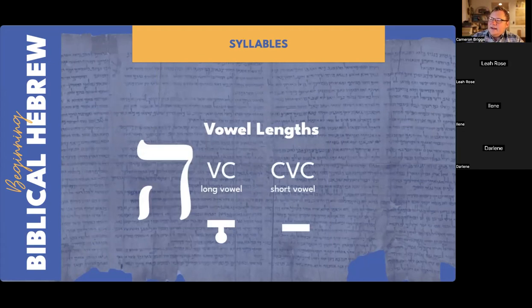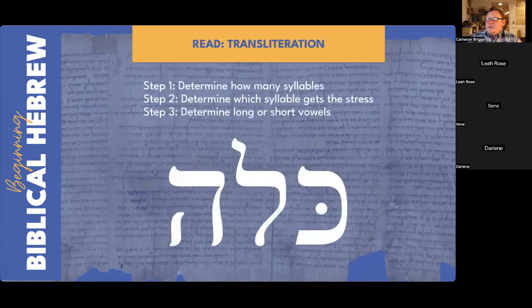So a closed syllable and an open syllable: a kamatz by itself would be a long version, but also the kamatz hey would be considered a long vowel or an open syllable. So here's an example of that one. Let's put it right into practice.